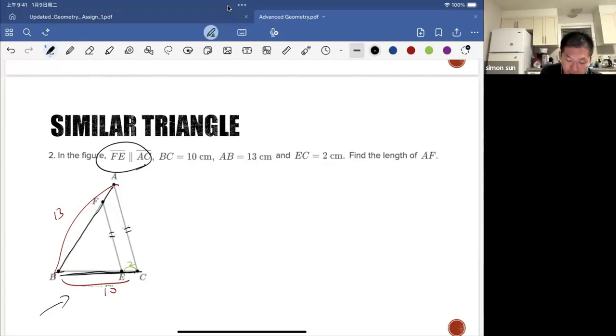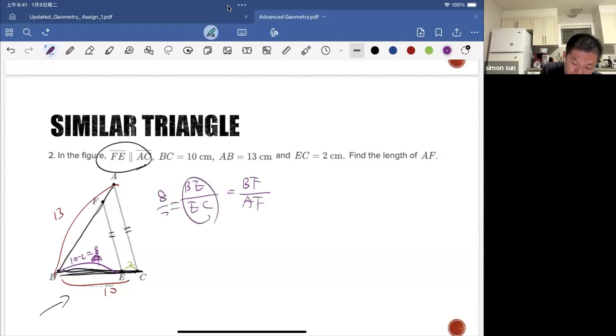The total length of BC is 10, right? So BE is, hold on, 10 minus 2 is 8. So BE over EC is equal to BF over AF. And BE over EC is 8 to 2, or 4 to 1.